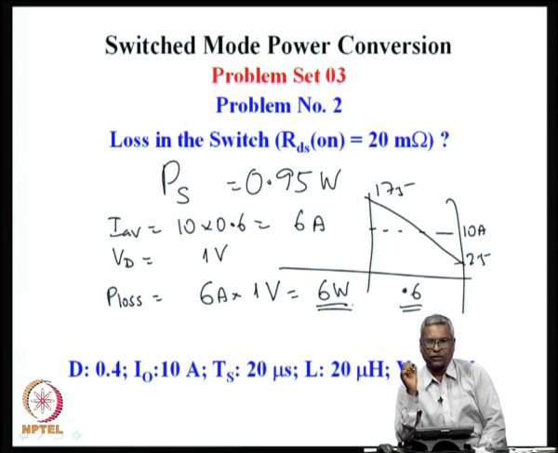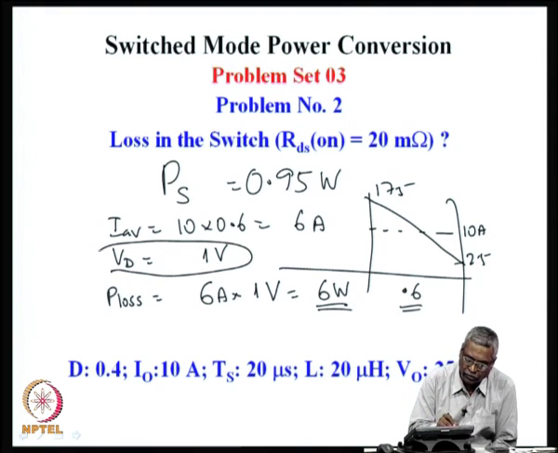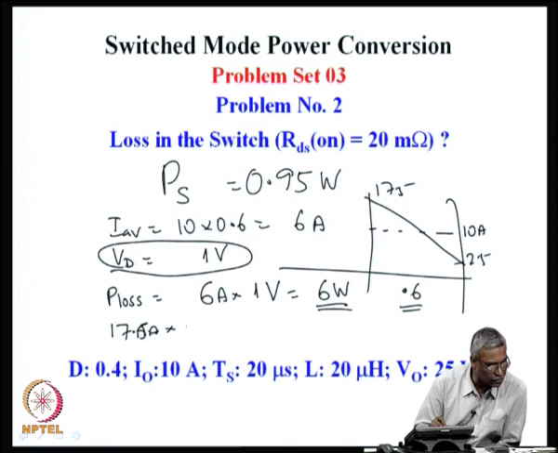So, we have seen that in this particular example, the diode loss is 6 times more than the switch loss. It will be so because the diode drop is about 1 volt, and the device drop with a current of about 17.5 amperes and with on-state resistance of only 20 milliohm has a voltage drop of only 0.35 volts.